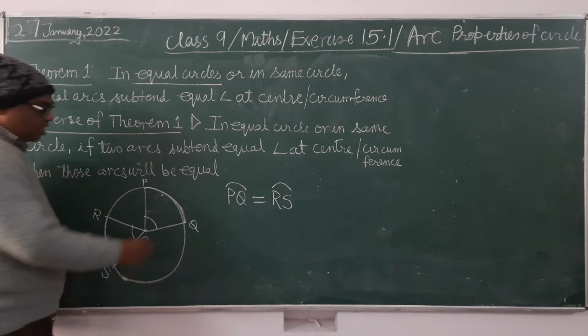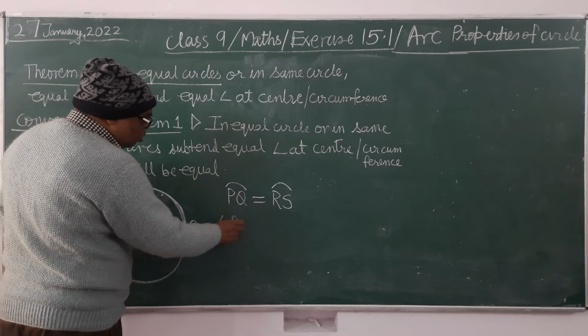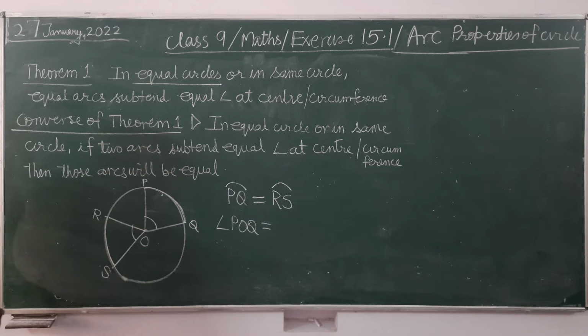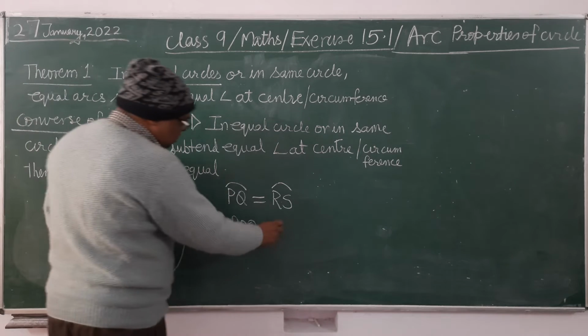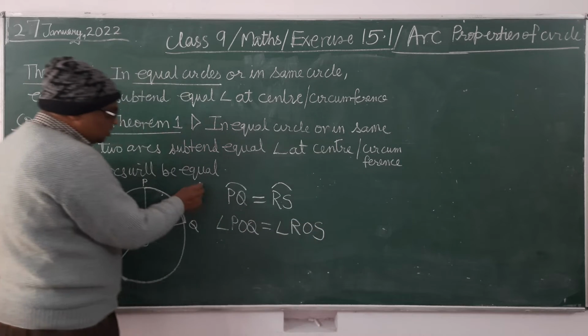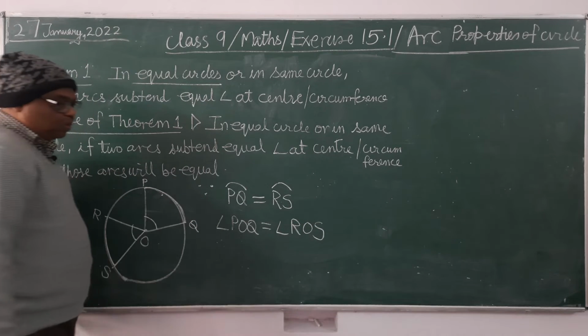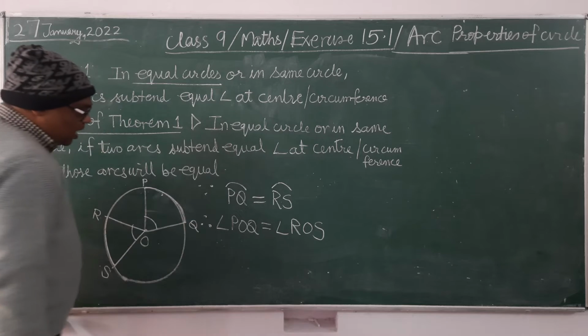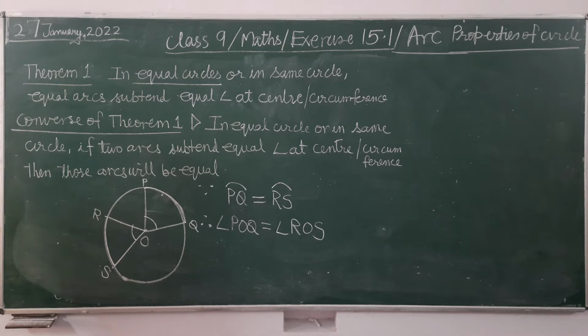You can write angle POQ equals angle ROS. Since arc PQ equals arc RS, therefore angle POQ equals angle ROS.